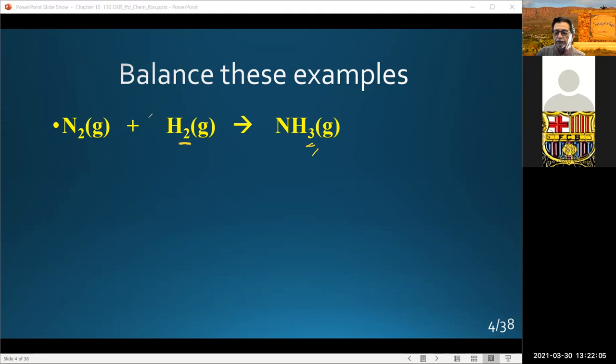So what if I put 3 there and put 2 there? Wouldn't that balance my hydrogens? It certainly would, because my common number is 6. And so I got 6 hydrogens as reactants and 6 as products. That boosts up my nitrogen count to 2, but that's okay because nitrogen is diatomic and I got 2 nitrogens. So by default, the nitrogen automatically balances out.